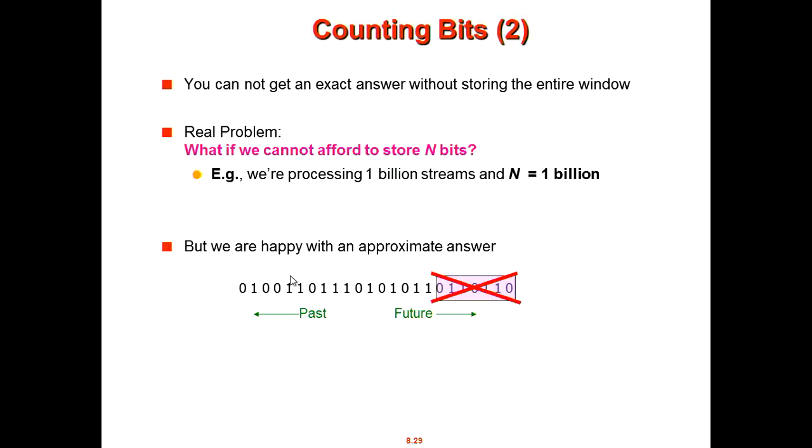In most data stream applications, we are happy to have approximate answers instead of exact answers. First, because it's not possible to get exact answers, and second, because most of the time the approximate answer is very close to the exact answer, so it is acceptable to most applications.